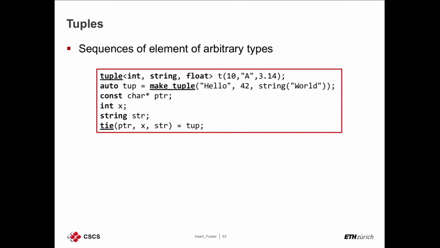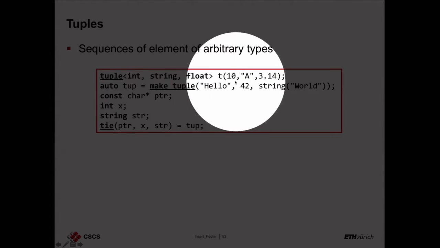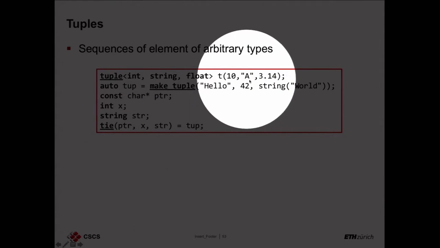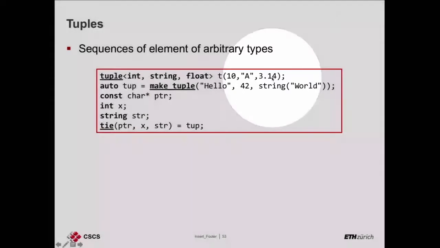Tuples, though, back to the tuples. You have a tuple of vintage. I don't know why they're here, but yeah. So a tuple is a sequence of different types, as we've seen before. So I have a tuple of integer, string, and float, and I instantiate it with an integer, a string, and a float. Actually, this is not a float. It's a double that will be converted to a float.